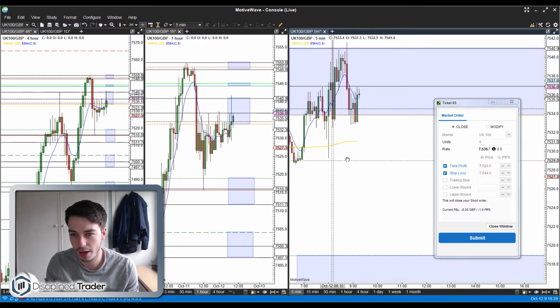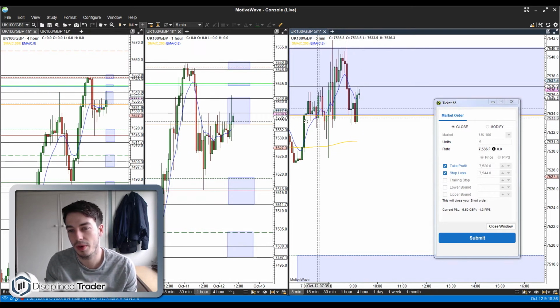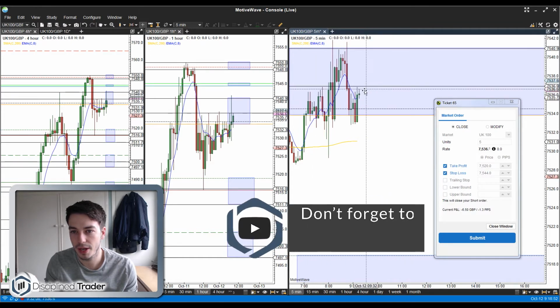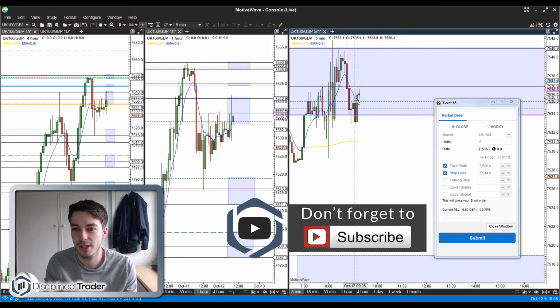Again, we've got, I think, more support here and then getting past that is the difficult point, but we do seem to be struggling at these lows just here as it stands. We've had 1, 2, 3 attempts at trying to break past it. It's sort of given up for now and moved back above the 8 EMA, and there's sort of this minute area of resistance here. So it's going to be interesting to see what it does next.